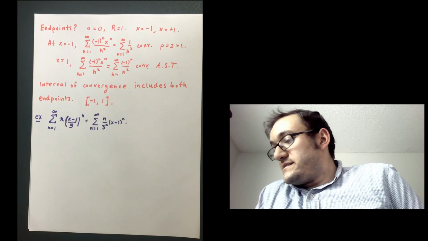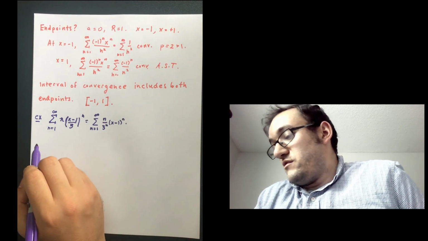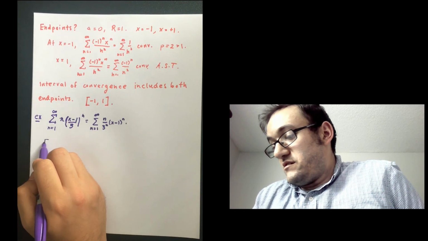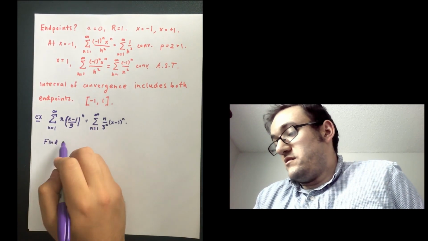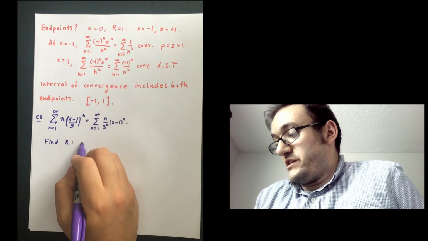Looking at this, again we start by looking for the radius of convergence, r. We do that using the ratio test.